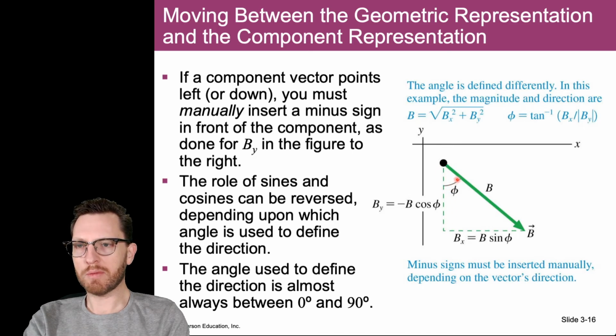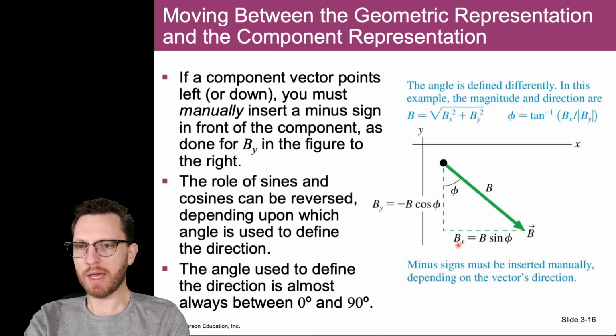If this is my reference angle that I'm using, this angle that goes from the y-axis and rotates counterclockwise, well, then I know that I want this adjacent side to that angle. So the adjacent side over the hypotenuse would be cosine of theta here. So cosine of theta times my hypotenuse, my vector B, would give me BY in this example.